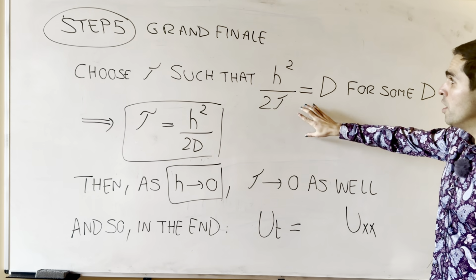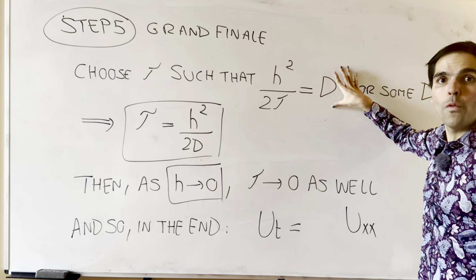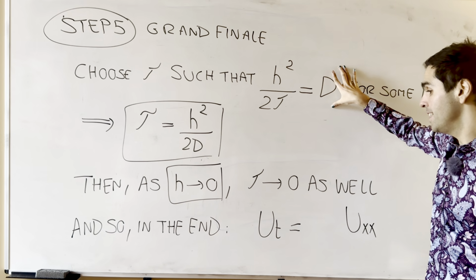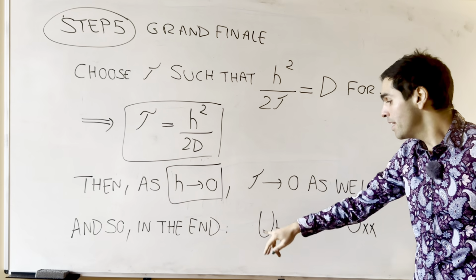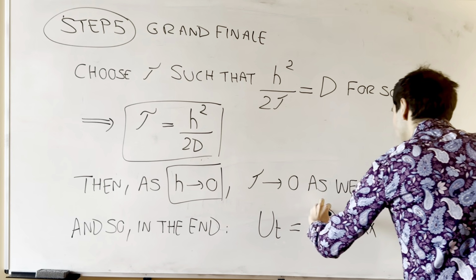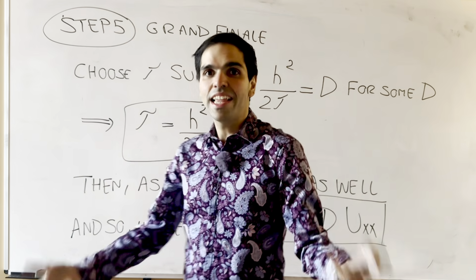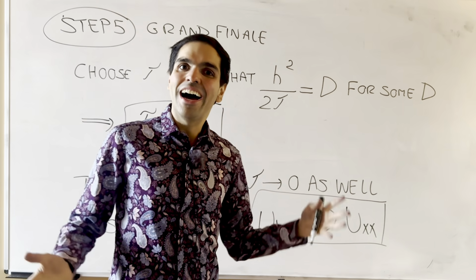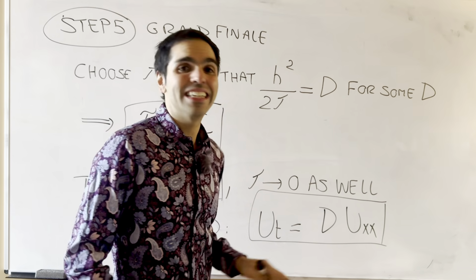But remember, we chose tau so that that weird number is always D. So even in the limit, we end up getting D. And so in the end, what our equation becomes is u_t equals D u_xx, which is the tried and true heat equation. So now we have finally derived it, and in the next videos, we will see how to solve it.